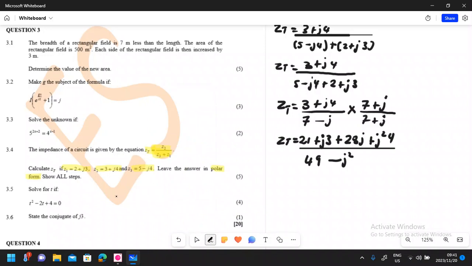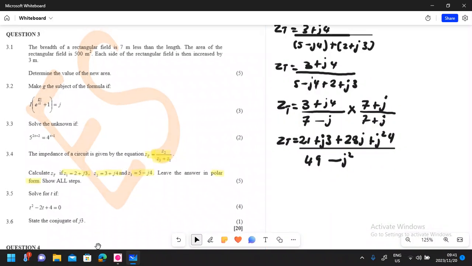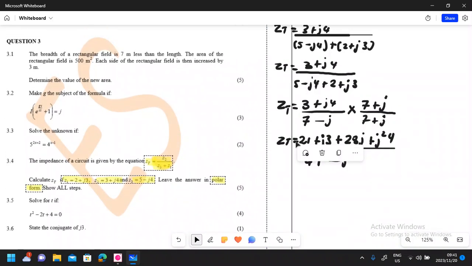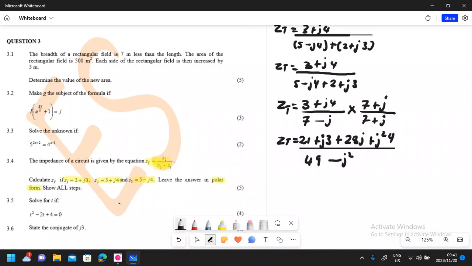If you still remember from our lessons, or you can go to your book and check, we know that j squared is equal to -1. Remember j stands for imaginary, so it's going to be -1 when it's squared like that. So wherever there is a j squared, we can substitute with -1.